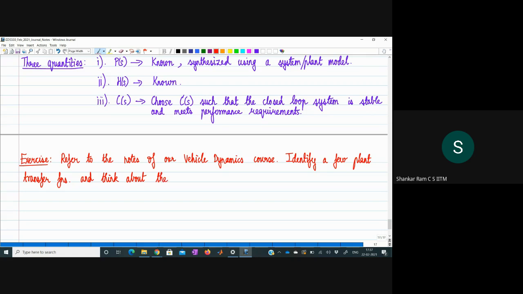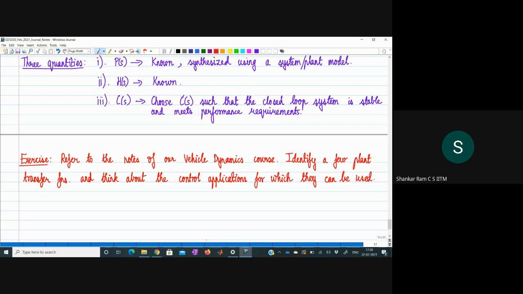So, for example, the bicycle model can be used for lateral control, heading angle control, and so on. The quarter car model can be used for ride control and so on. So just think about the control applications for which they can be used. Please think about that.